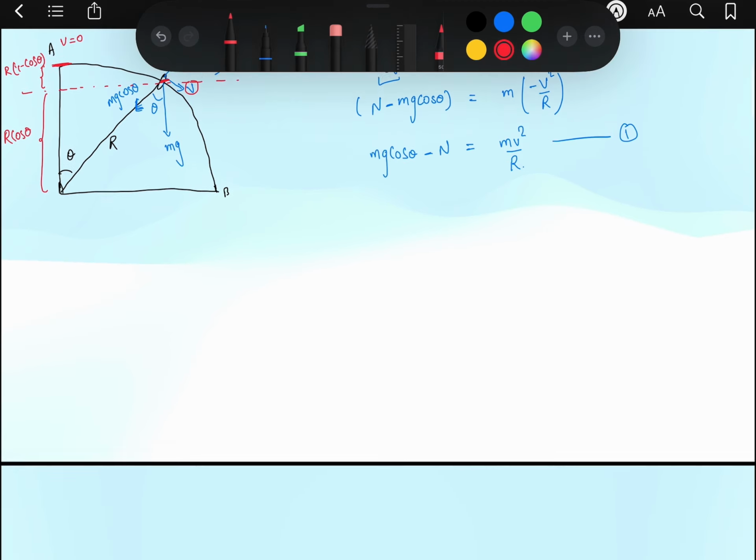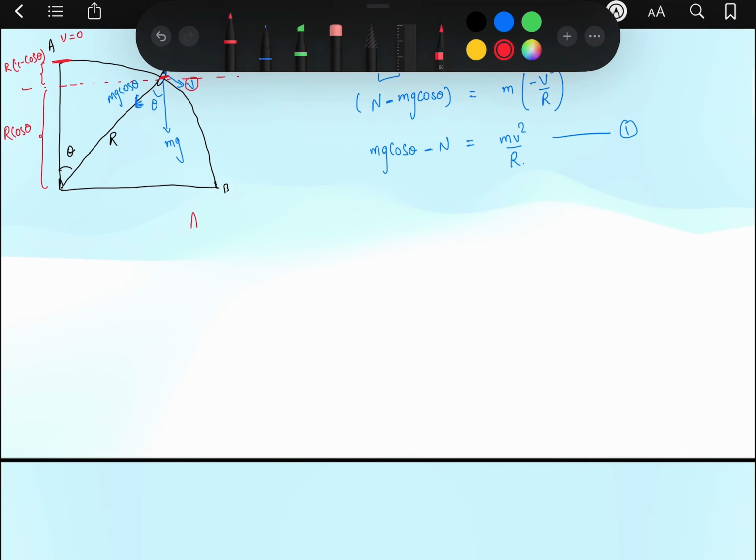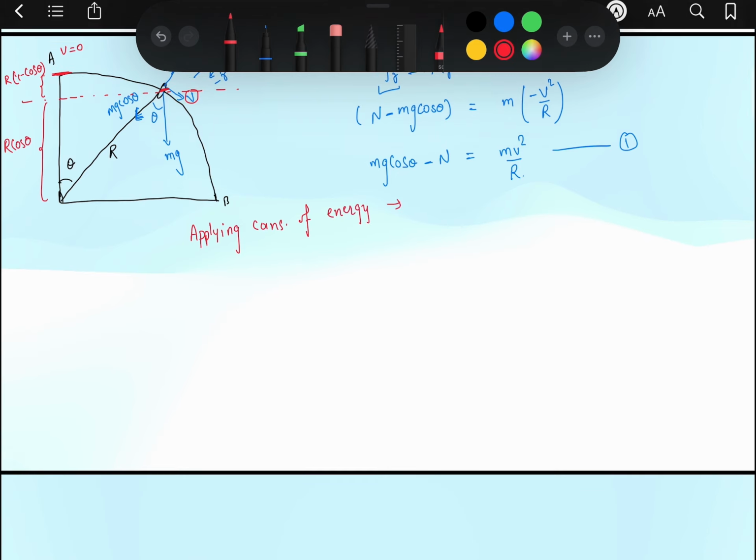So I can apply the conservation of energy here. I will directly write the equation. Applying conservation of energy. Initially the kinetic energy is 0.